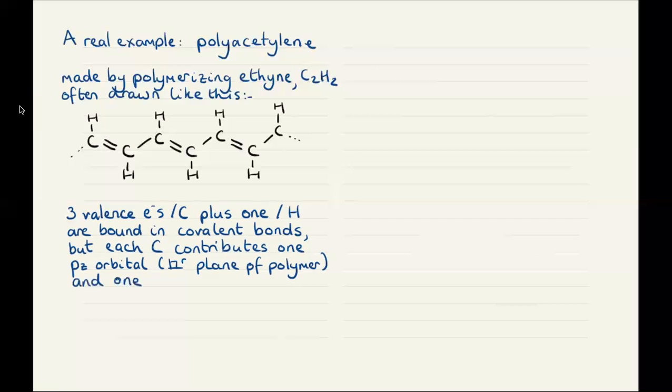So it has 1 pz orbital and 1 electron that are not tied up in these deep, low-lying energetic covalent bonds.